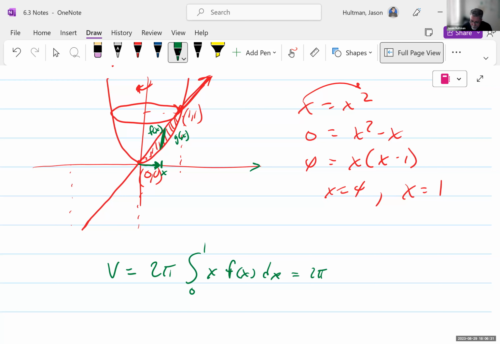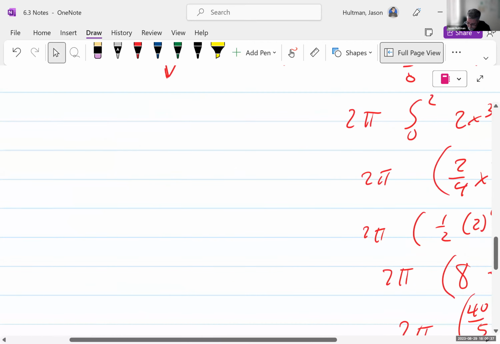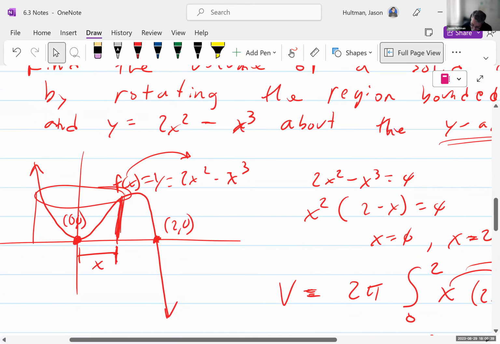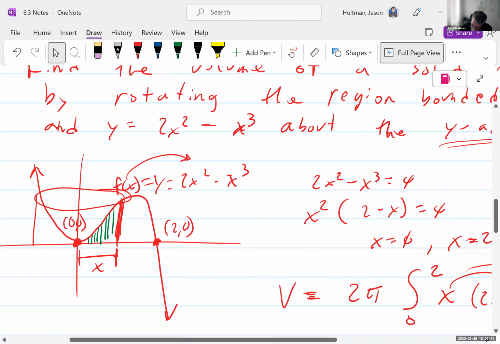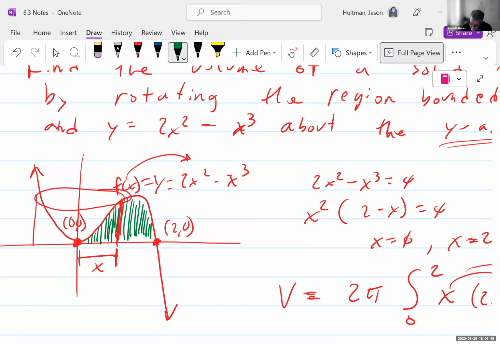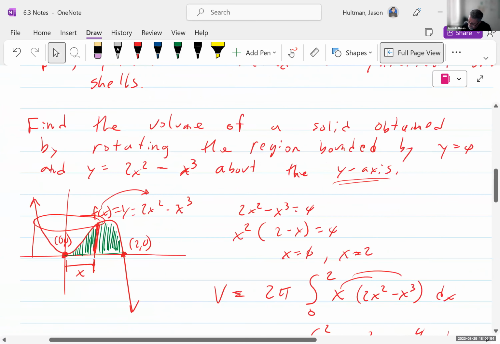Basically the same thing that we did before in the previous problem, except the bottom was 0. If we look at the previous problem, what were we integrating? We were integrating this guy. And what was our bottom? Our bottom was y equals 0. We even said that here, y equals 0.